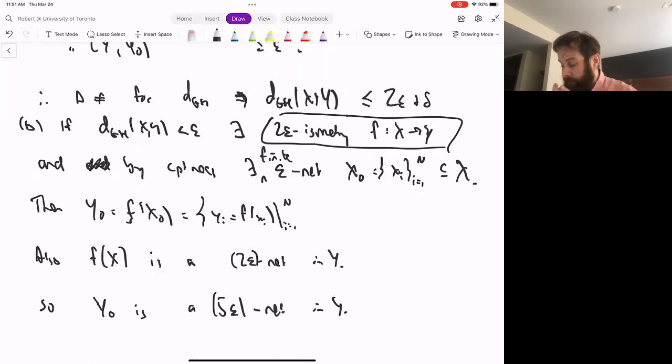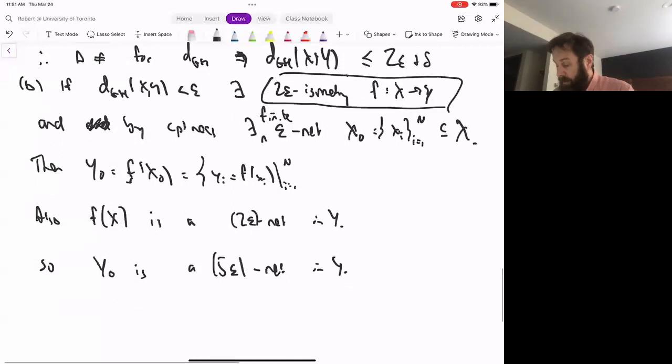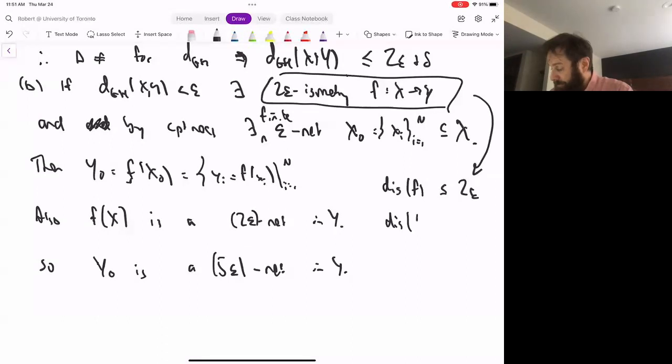Let me see. So we already know from here that the distortion of graph F is less than 2 epsilon. And so that also means that the distortion of the relation (xi, yi) is less than 2 epsilon.